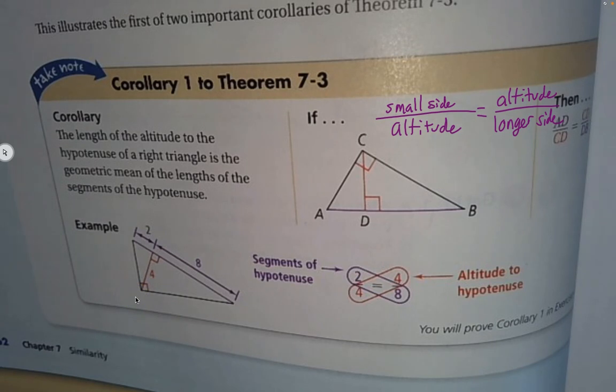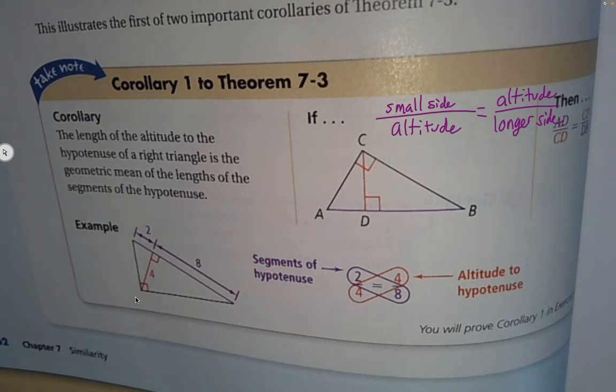This is basically doing the geometric mean, same thing we just learned. Then you take the altitude, which is 4 again, and put the other part of the medium triangle, which is 8. Then we'll cross multiply and get 16. You just have to get used to setting it up, is the hard part.